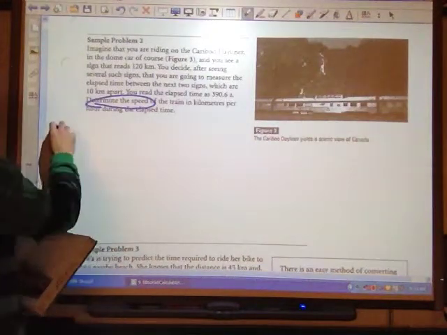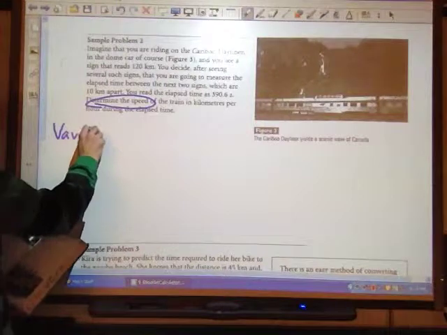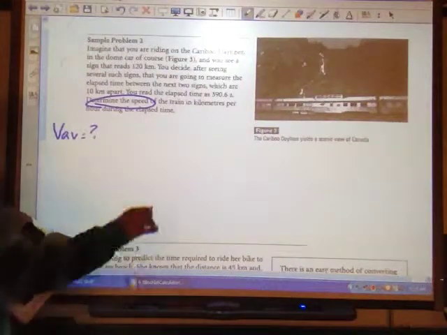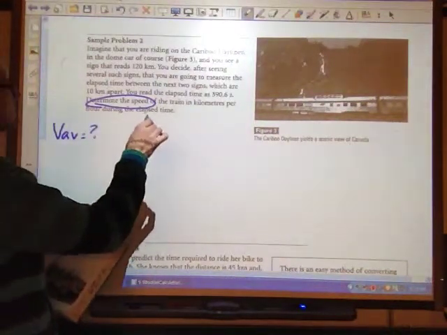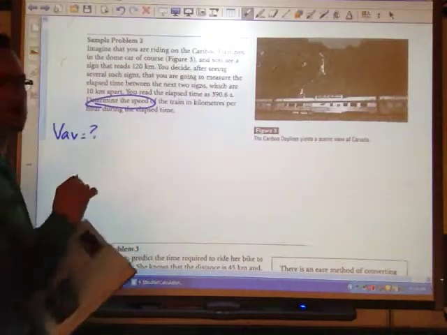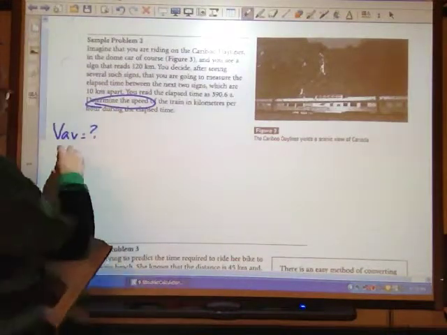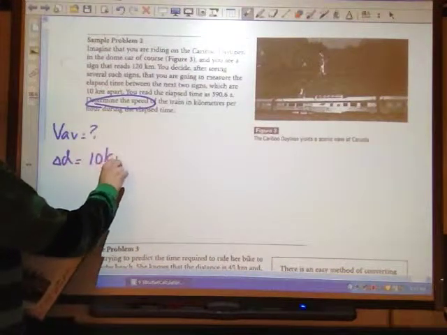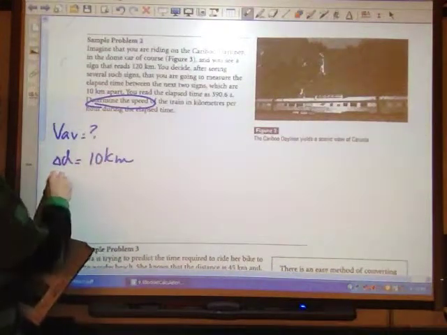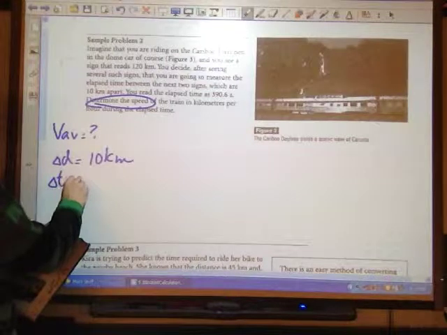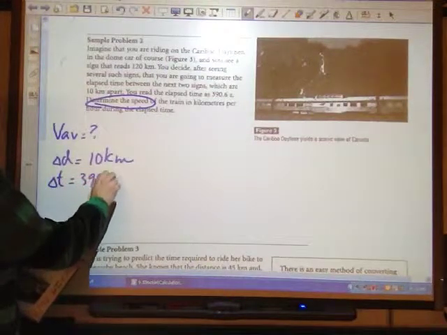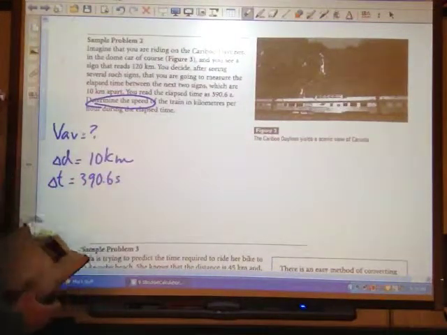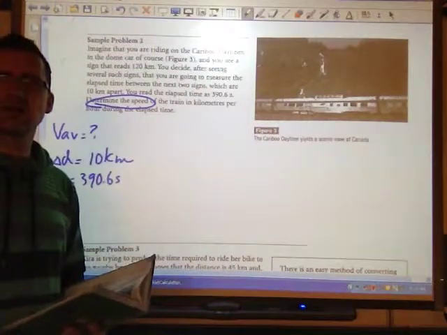Determine the speed of the train in kilometers per hour during the elapsed time. So we were given distance, 10 kilometers. We're given time, 390.6 seconds, and we're asked to find speed in kilometers per hour.